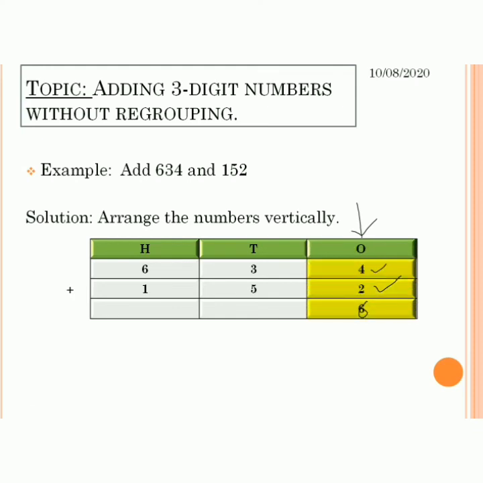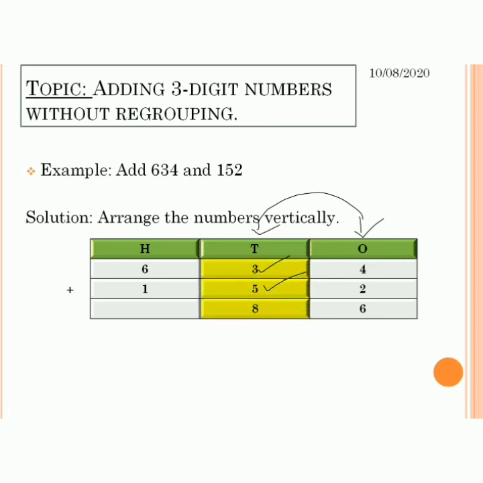Now, after you have added the digits under the ones place, we will move on to the tens place, isn't it? Now we will add 3 and 5. What is 3 plus 5? 3 plus 5 is 8.